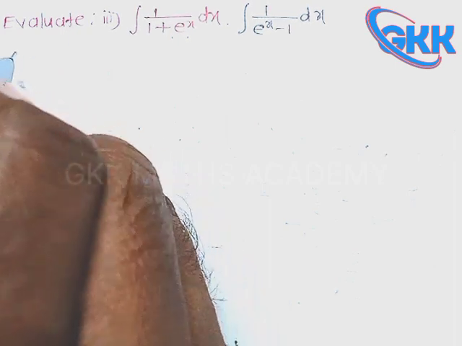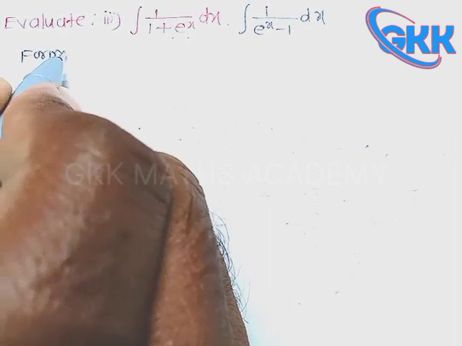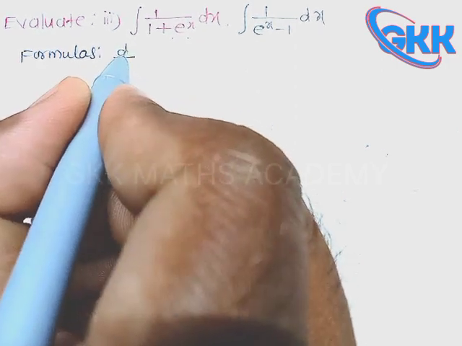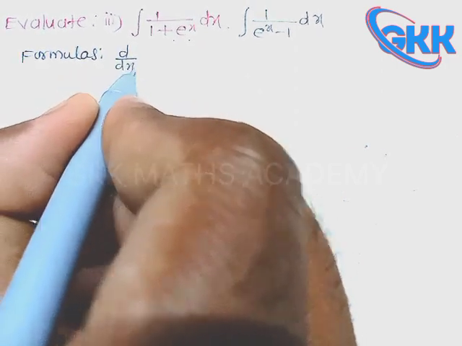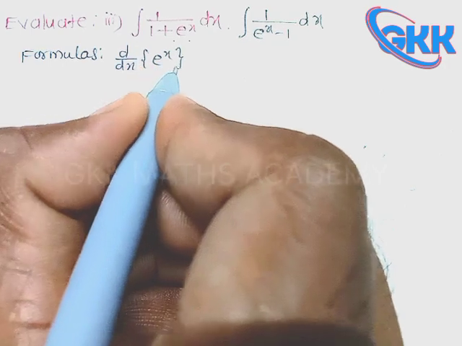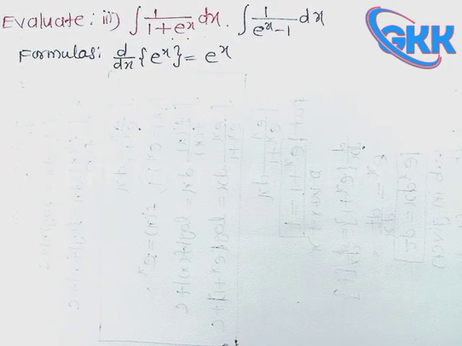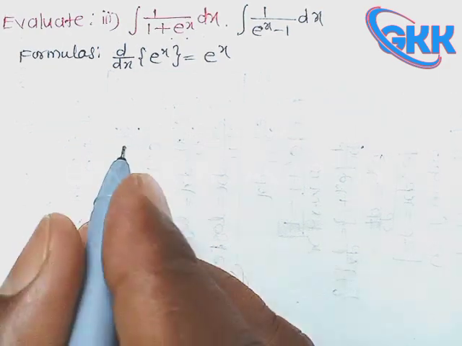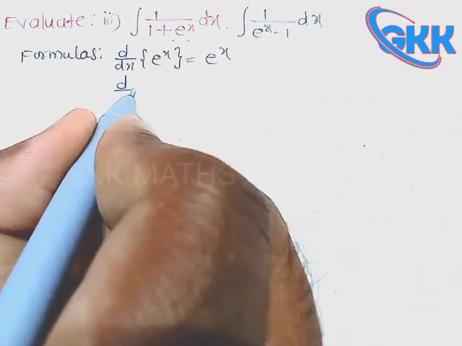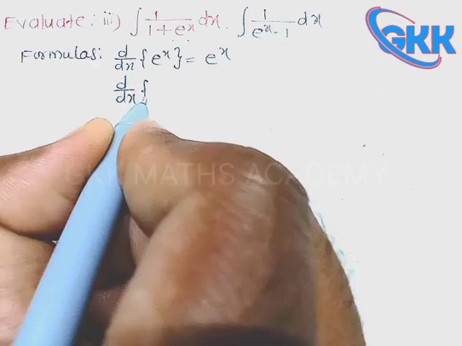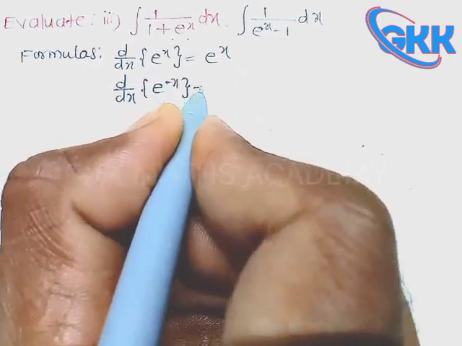Okay. Now the formulas which we are using in this problem. First of all, d by dx of e power x, what is the formula? e power x. What is d by dx of e power minus x?